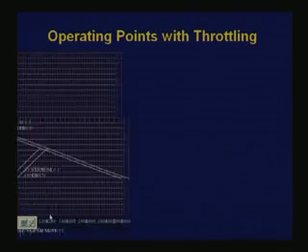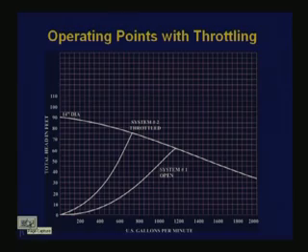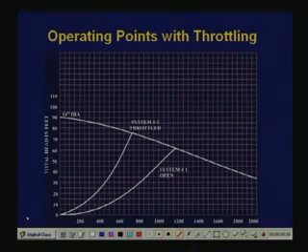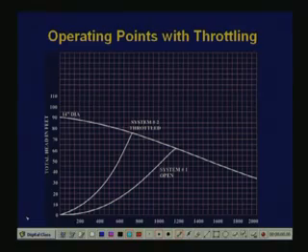Okay. So, again in the case of fans you put dampers, in the case of pumps you put valves, flow control valves, which we have already seen in our earlier lesson. When you close the valve, it is generally called throttling.